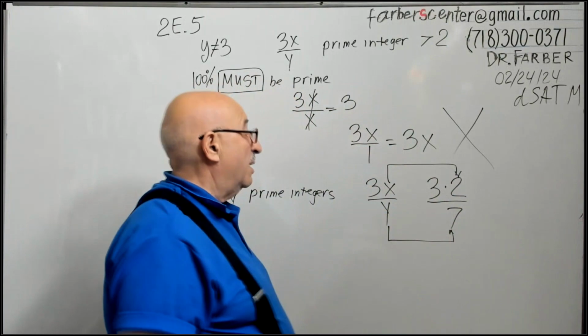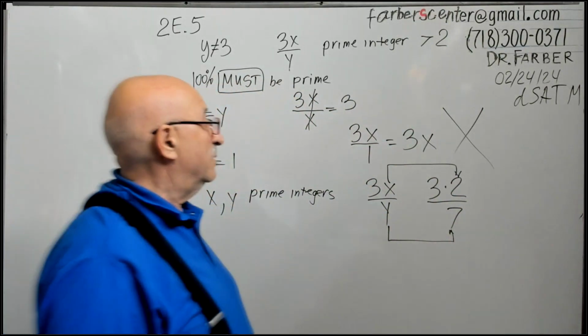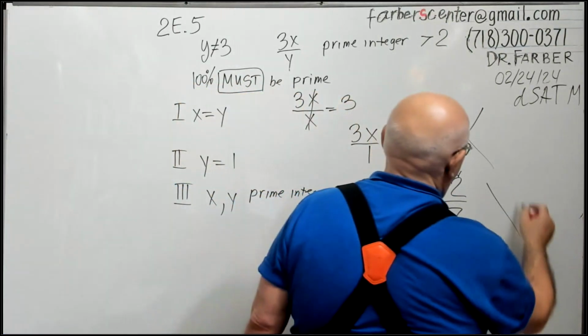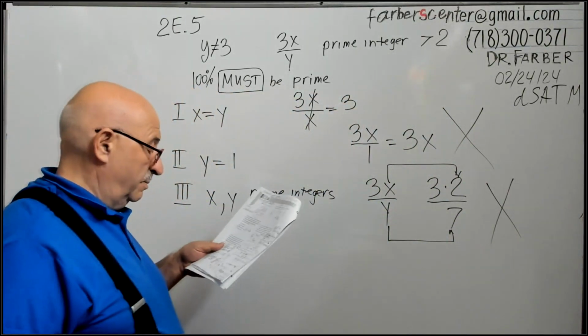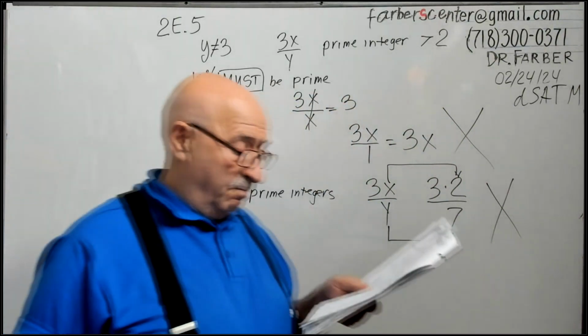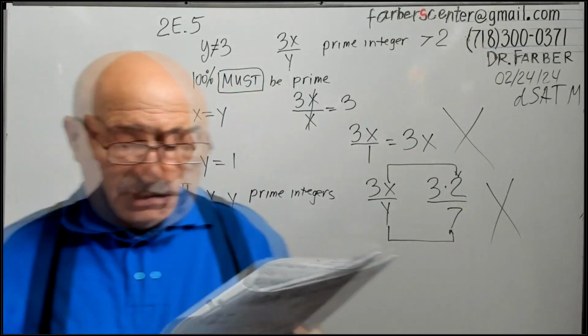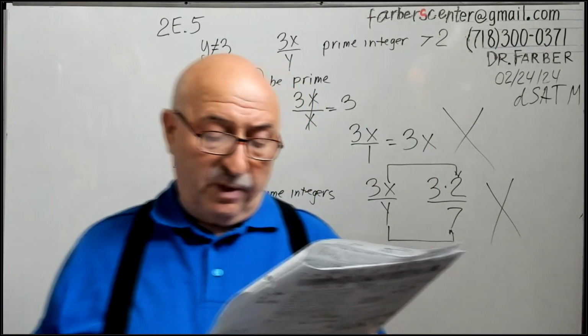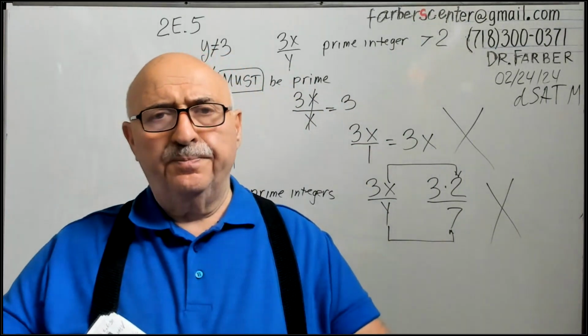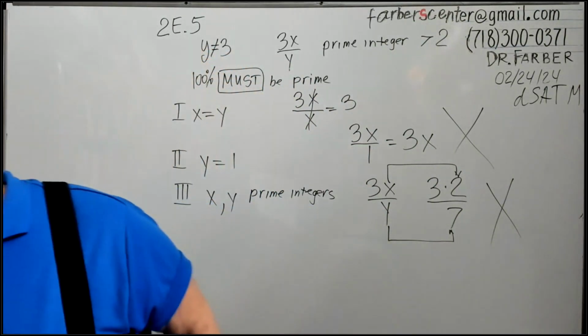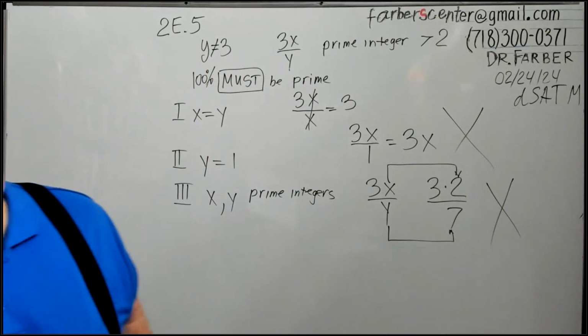It's not prime; it's not even an integer at all. Does not work. So if you look at the multiple choice, the answer is none of the above. Any questions? Just analyze step by step.